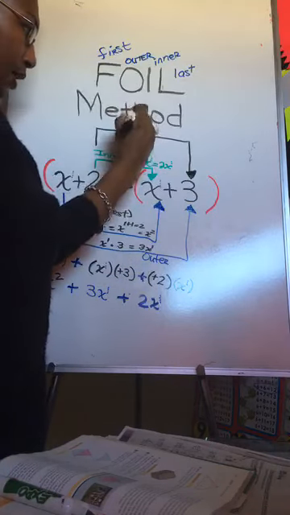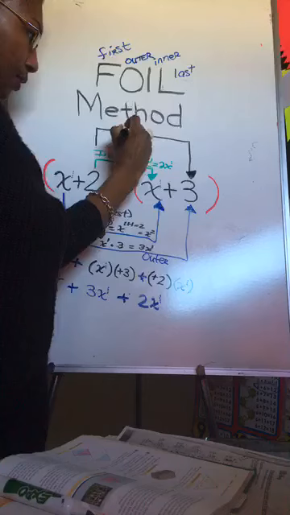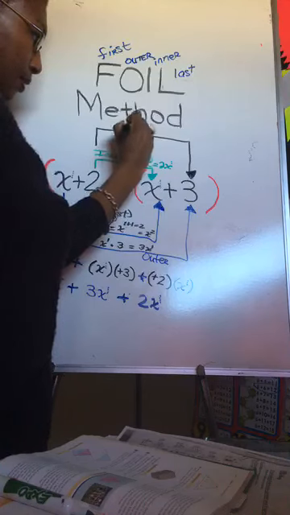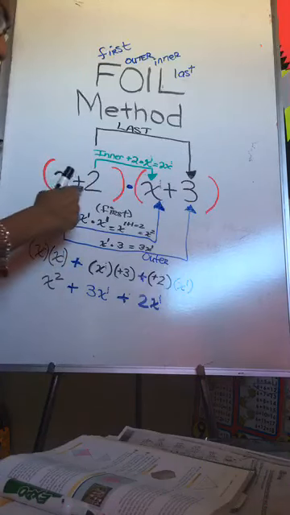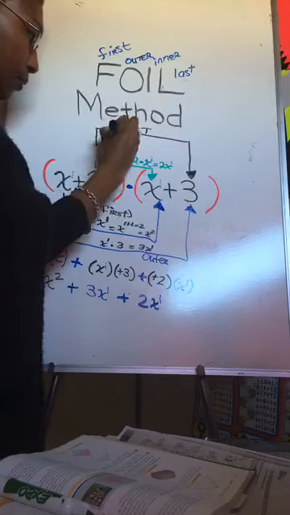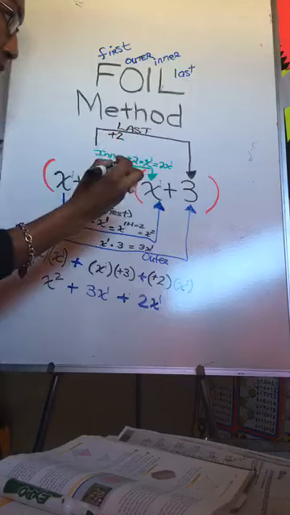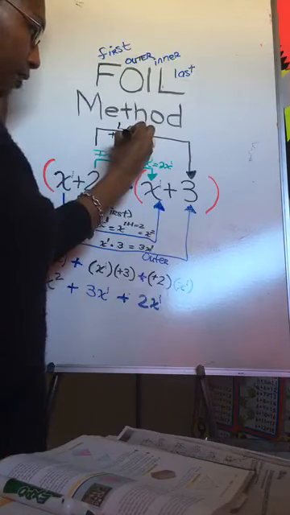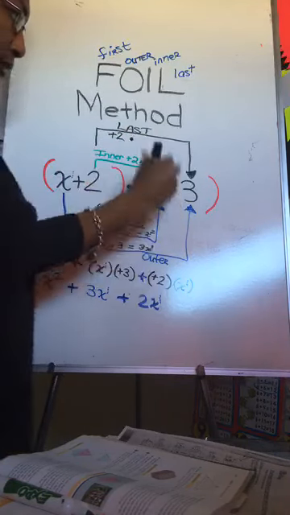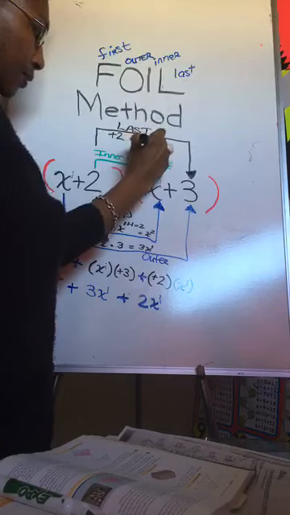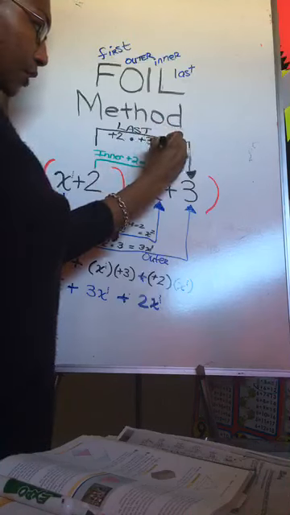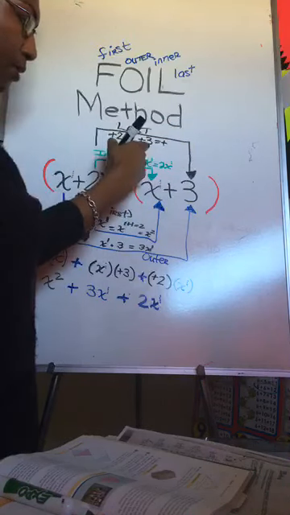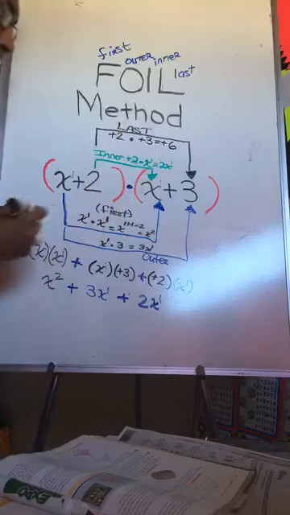So this is the last. I'll put last, L-A-S-T. That is the last term. And we're taking a positive 2 times, I'm using the dot for times, positive 3 equals, so a positive times a positive is going to give us a positive, and 2 times 3 is 6.